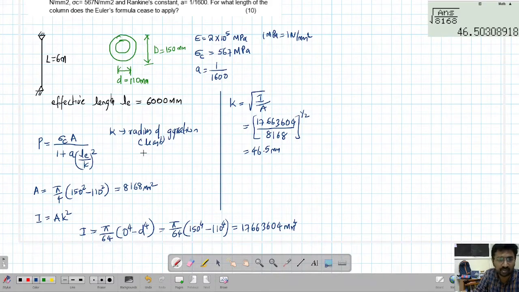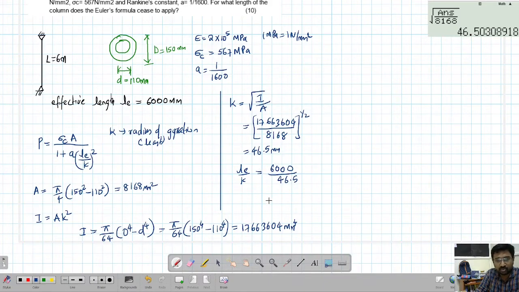So we have got the value. Now we have found every value. We just have to substitute. Let's find LE by K whole square. What is LE by K? LE by K is nothing but the effective length, which is 6000, by 46.5. Okay.